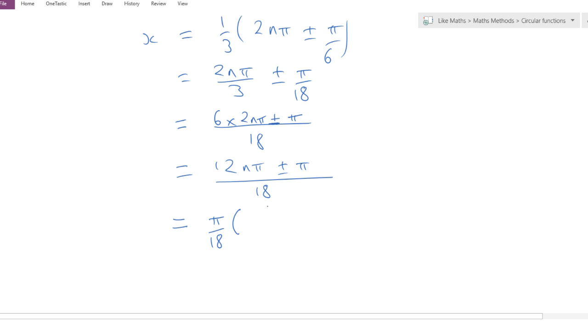So in here now we've got 12n plus or minus 1, and that's the answer.